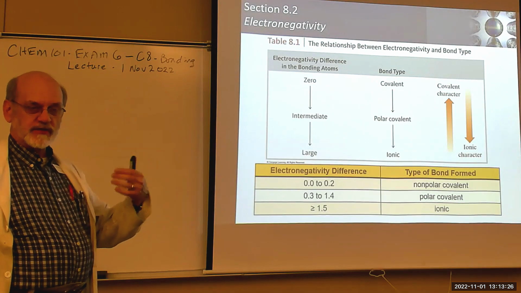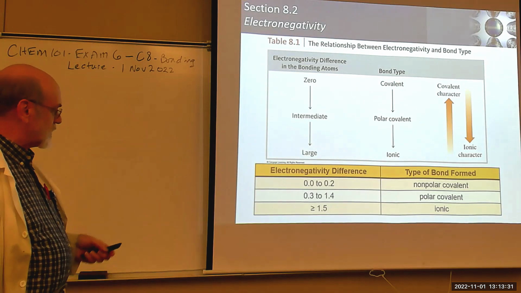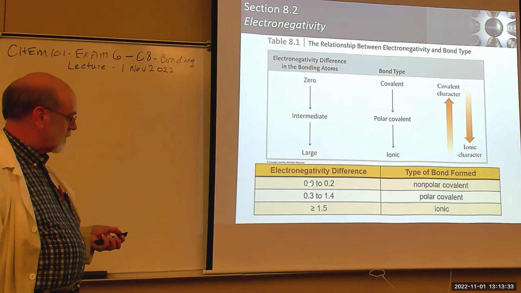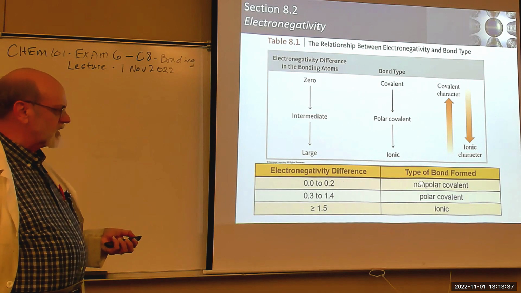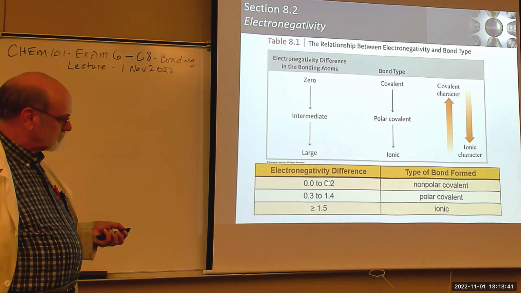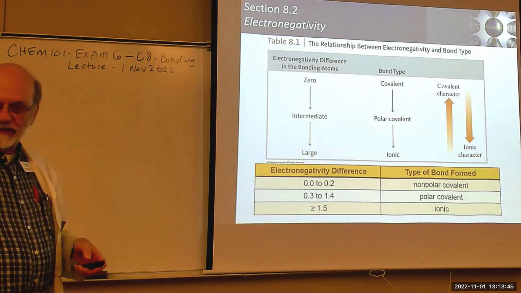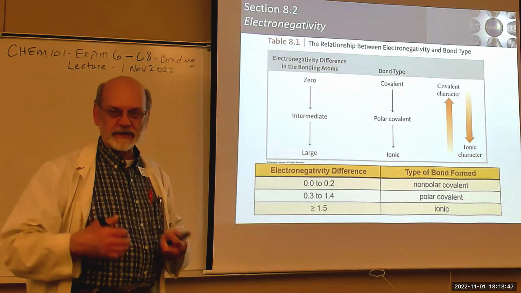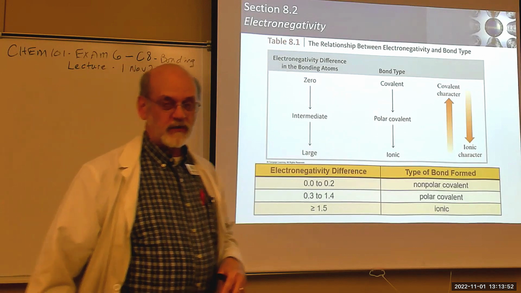You just take the big one and subtract the smaller one. And if that value is between 0 and 0.2, then you say that the bond is essentially nonpolar covalent, because they're close enough together, and nobody's really going to win in a tug of war between electron densities in a covalent bond.